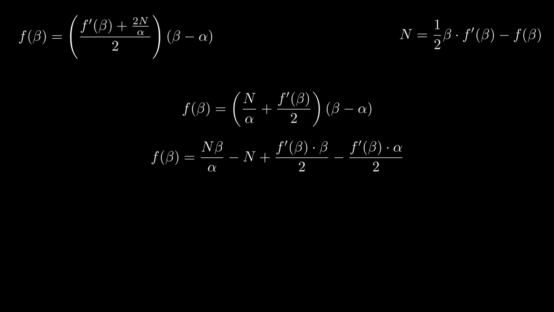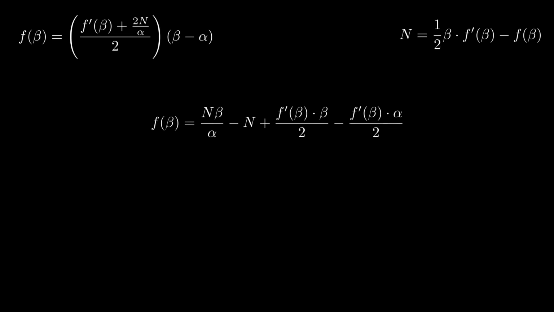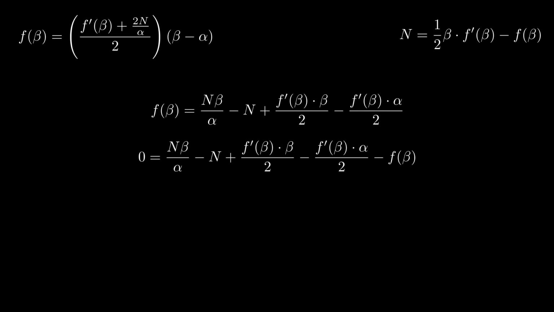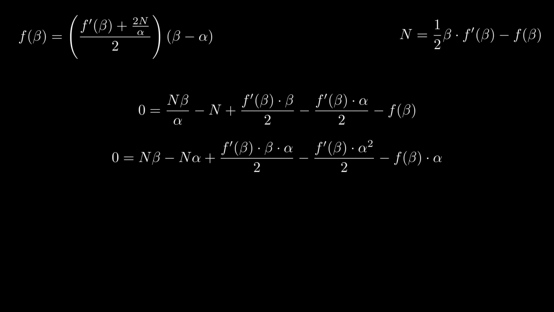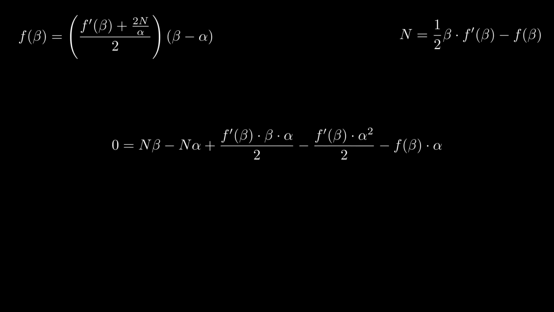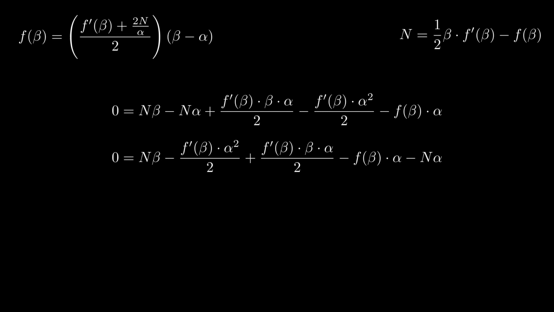We can subtract f of beta from both sides. Then, multiply the whole equation by alpha. Afterwards, do some light shuffling of the terms to group the coefficients of alpha together.